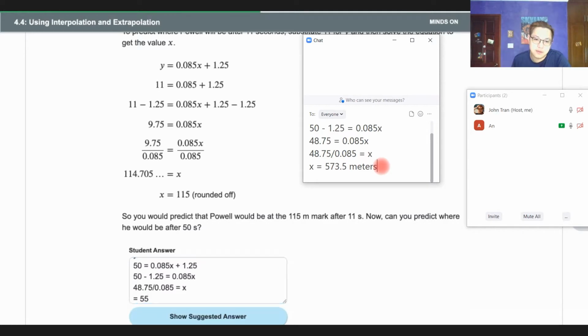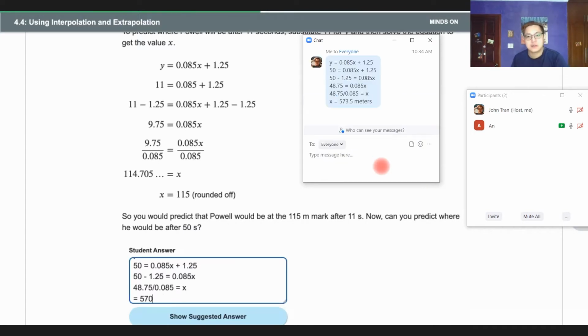No, that's not right. That's not correct. No, I'm still typing. Okay, 573.5. Let's just round it up to one decimal number.